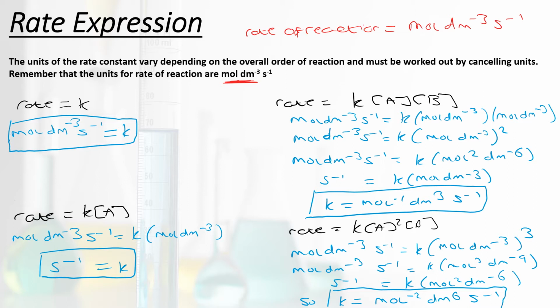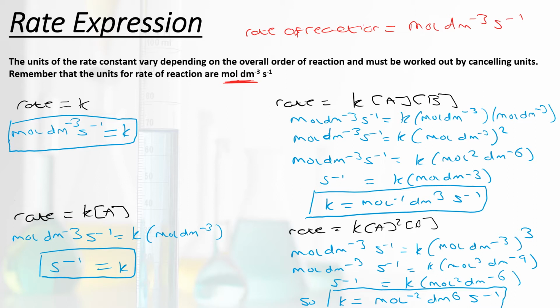If we have two of them, that's the same as having moles per decimeter cubed, squared. Using our laws of indices, we just multiply the numbers together. So mole to the 1, times 2, is mole to the 2. Decimeter to the minus 3, times 2, is decimeter to the minus 6.